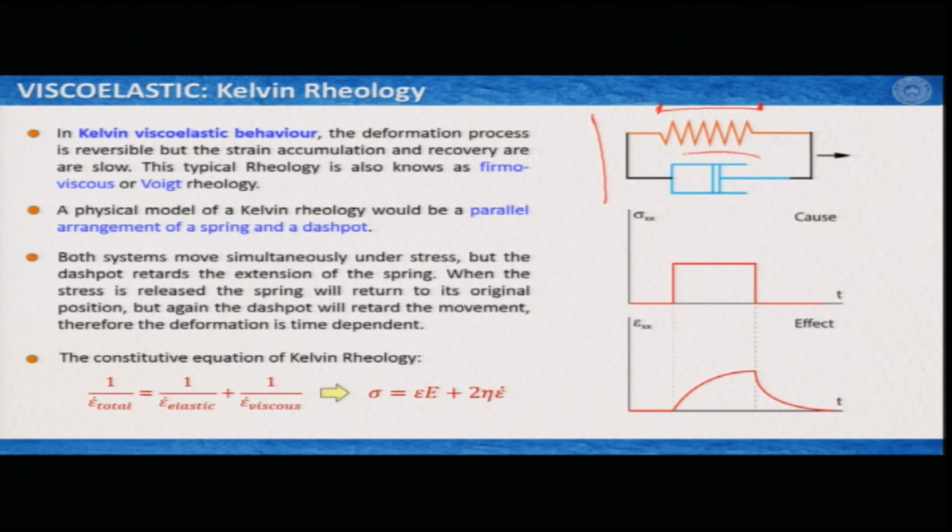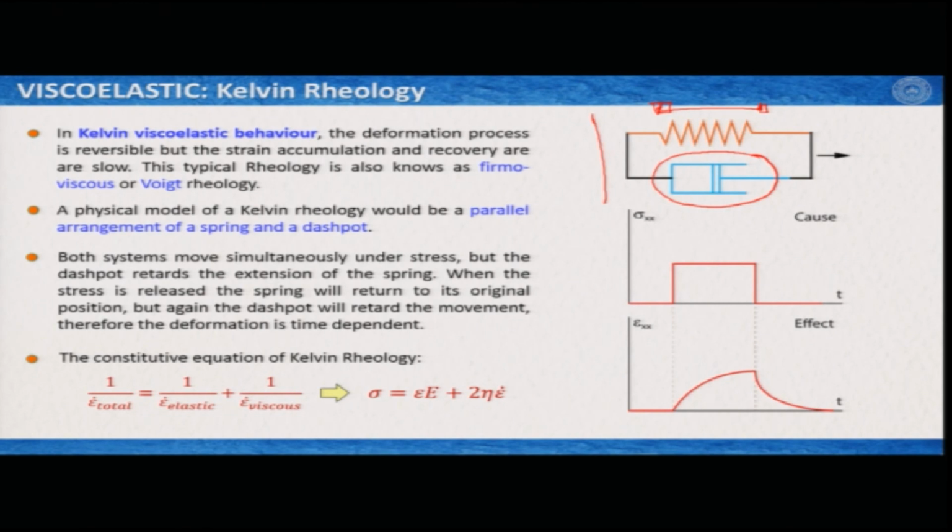So, the response of the viscous part is important in determining how much time it would take to come back to its position, because when it comes back, it is not a function of the spring anymore, it is a function of how much this fluid is allowing the entire system to come back to its original position.